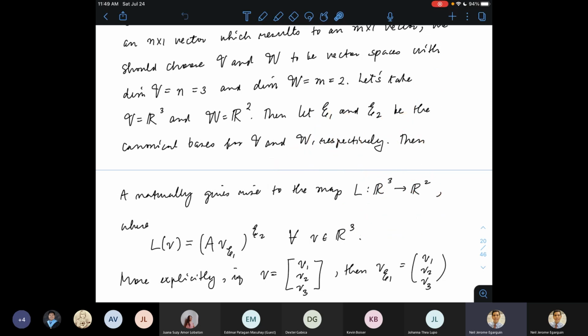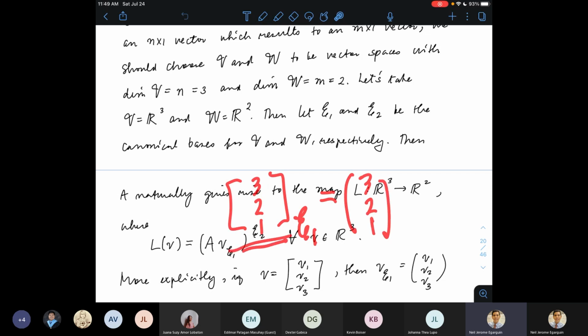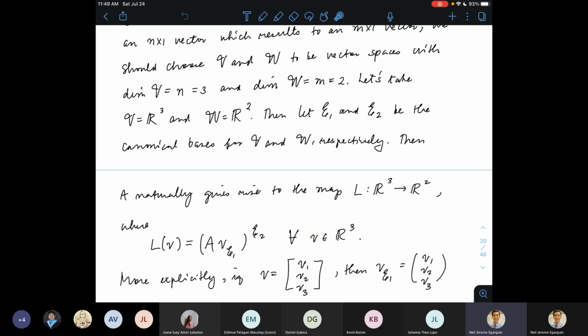Okay? And we have seen in our first example last time that canonical bases are very convenient because there is no distinction between the coordinates and the actual vector itself. Nakita natin, kung meron kang vector, say 3, 2, 1, and you convert it with respect to the canonical basis, what you get back is 3, 2, 1. Because the vector 3, 2, 1 can be written as 3 times E1 plus 2 times E2 plus 1 times E3, right?